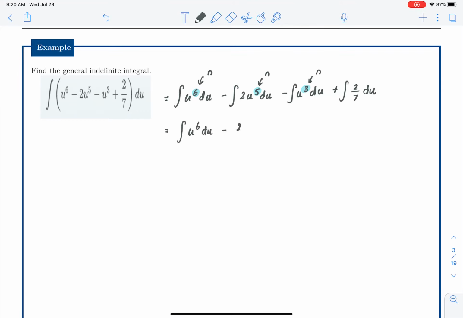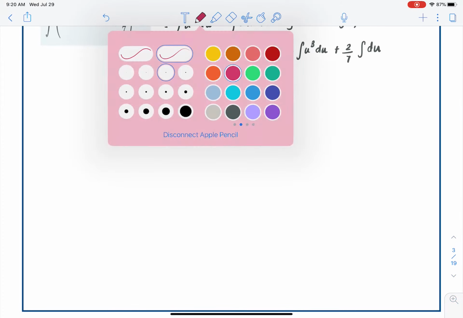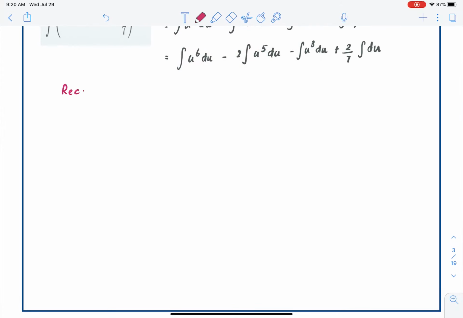And I can pull the constant out. So recall the integral of dx is simply x plus c.